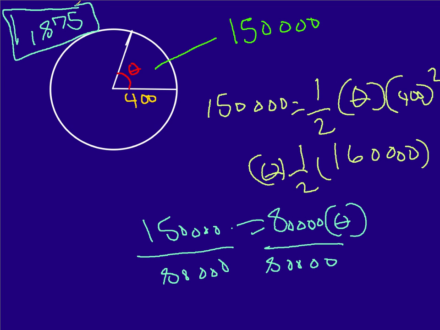And so this is not quite what we want. These are not degrees. We need to convert this answer here into degrees. So to do that, instead of going from degrees to radians, we're going from radians to degrees. So that's going to be 1.875, I believe, was the full answer, times 180 over pi.